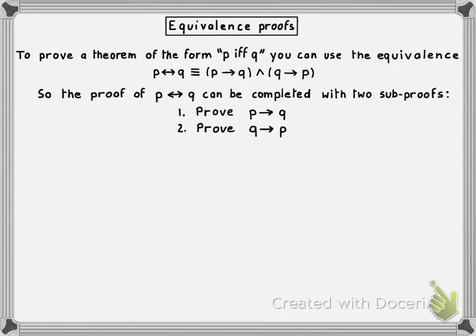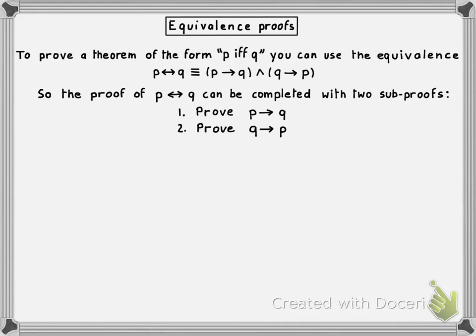So the key here is to realize that a biconditional is simply the conjunction of two conditionals. And these are called equivalence proofs because the theorem states the equivalence between P and Q. In other words, P if and only if Q.